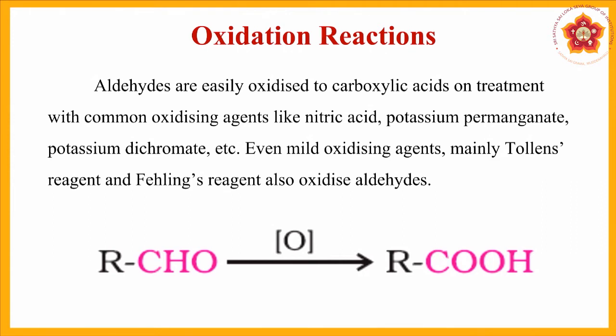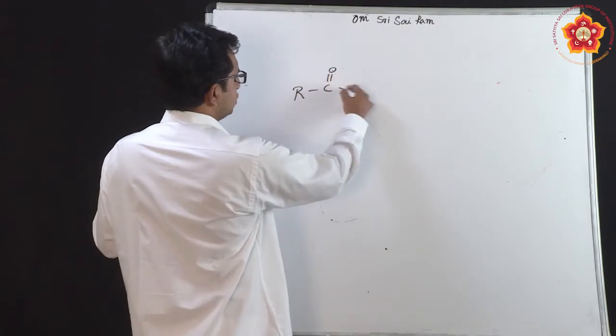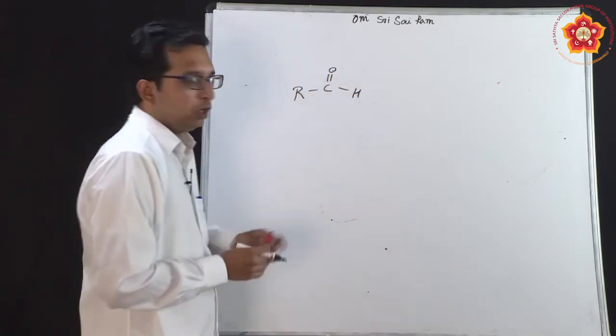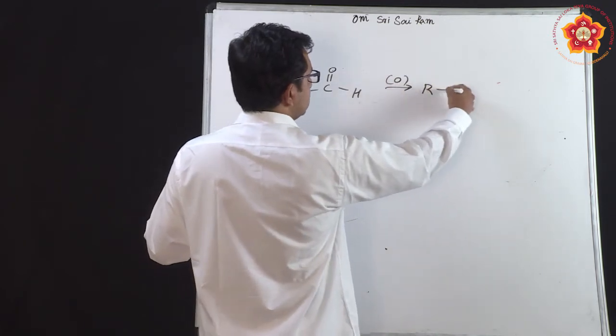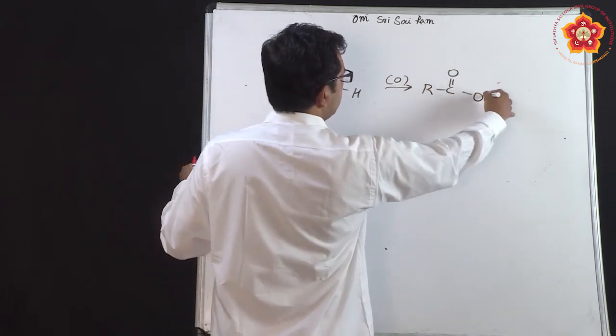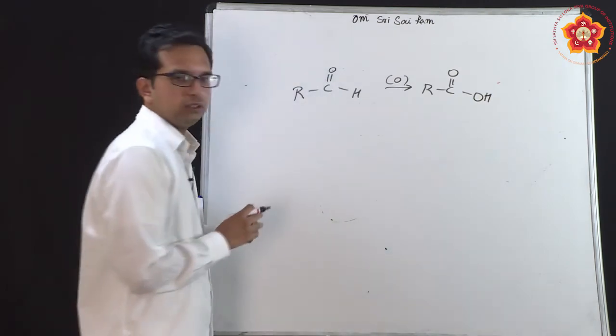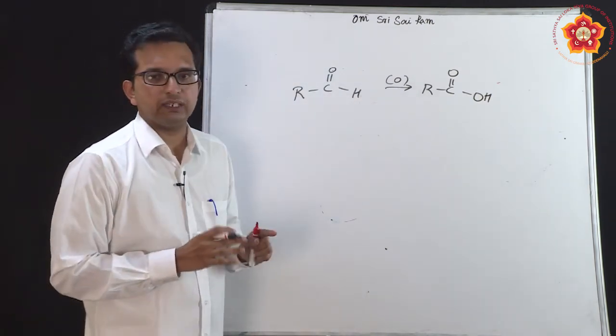Now in these cases you might either use strong oxidizing agents like potassium permanganate or potassium dichromate, or you can also use Tollens' reagent and Fehling's reagent, because the aldehyde group actually has on one side a small hydrogen atom. Because of this small hydrogen atom, even a weak oxidizing agent can help you donate another oxygen and make it into a carboxylic acid.